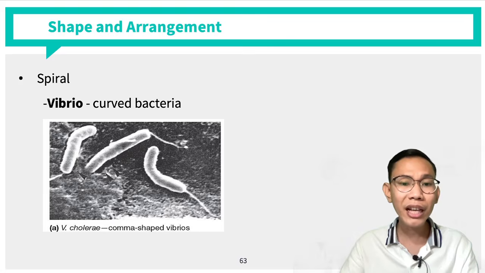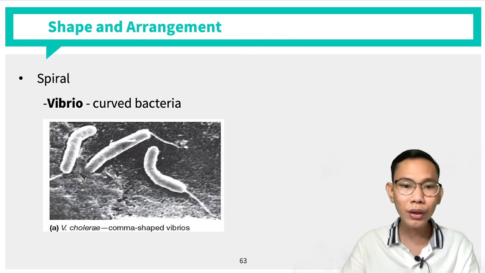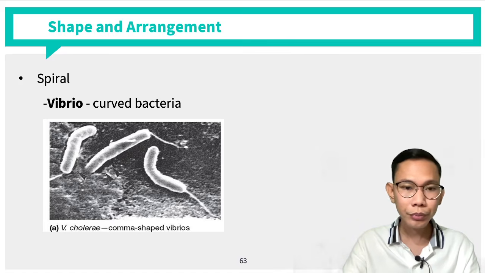The bacteria can range from slightly curved to a corkscrew-like spiral. So these are slightly curved bacteria resembling now your comma shape. Examples of these are your different Vibrios. Your Vibrio parahemolyticus, Vibrio cholera. So remember, pag Vibrio, it's a curved bacteria.